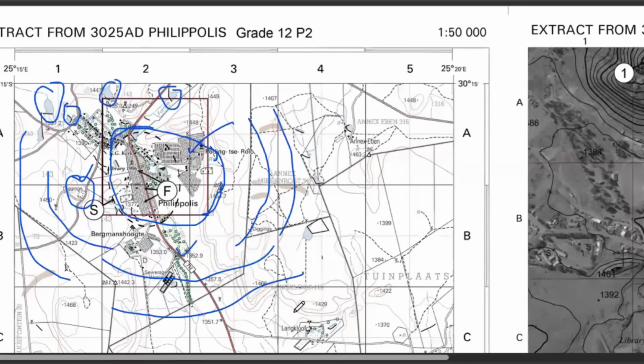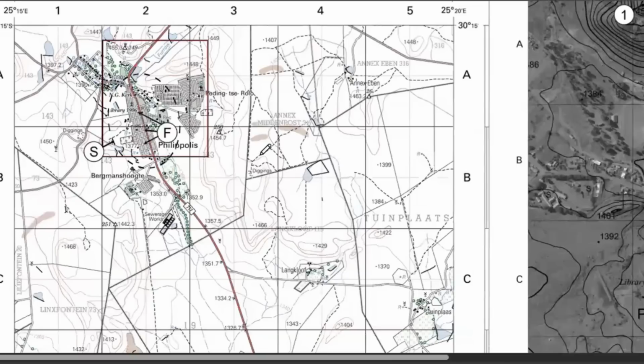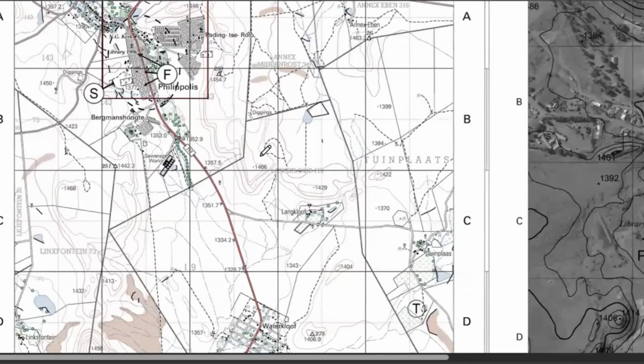If we check on our map, this whole thing that we are seeing here, right? If this road is linking into Philippolis and also some other routes here are linking into Philippolis, it implies that people are now able to travel for longer distances to access services and get goods in Philippolis.